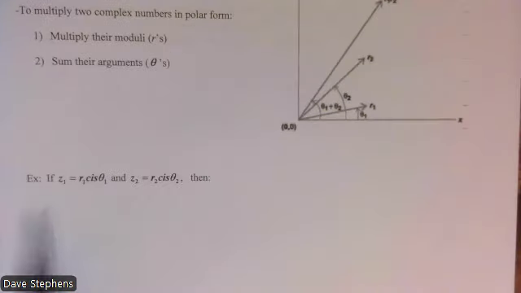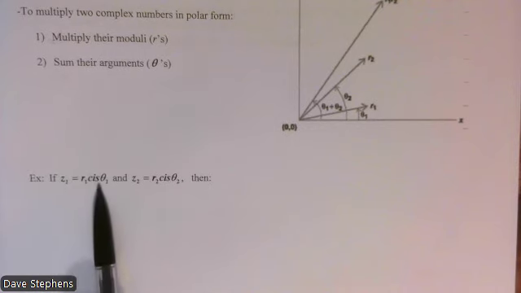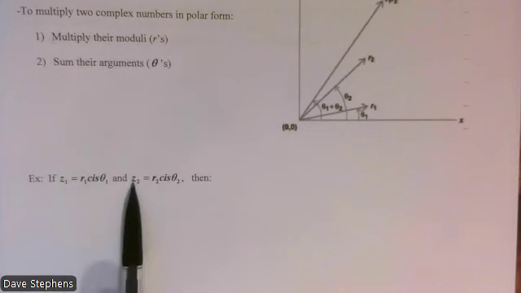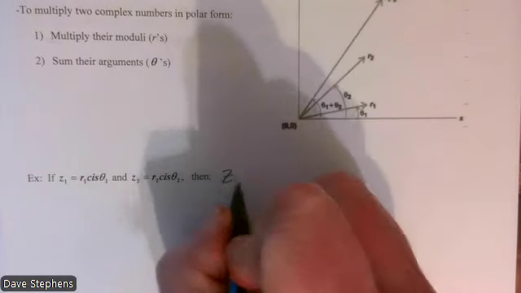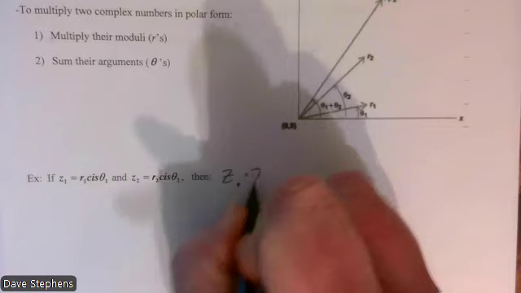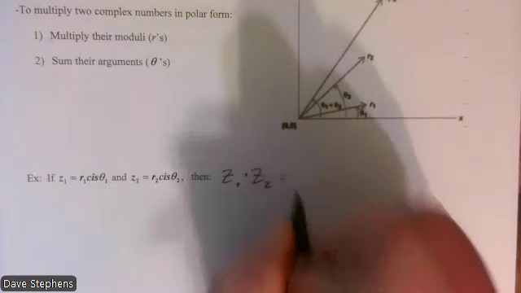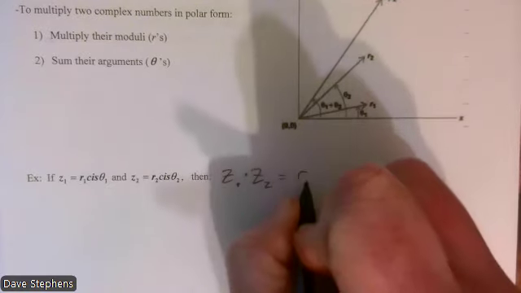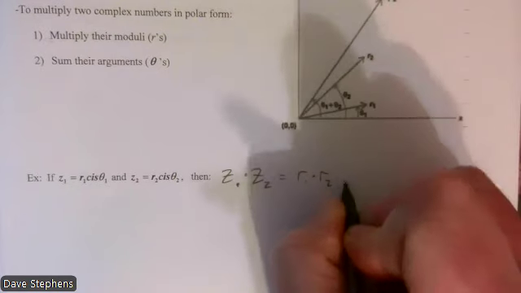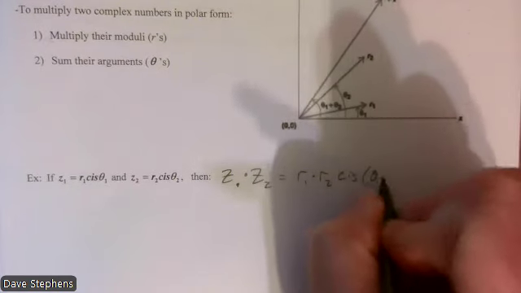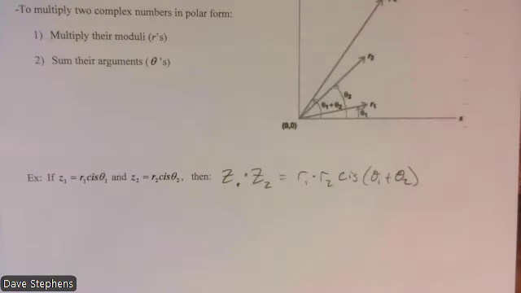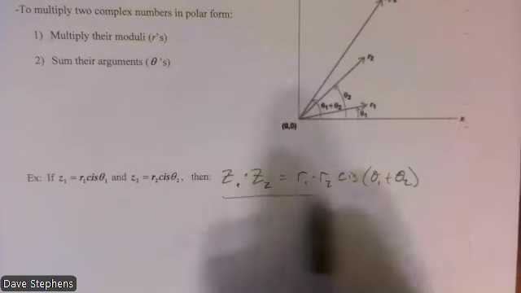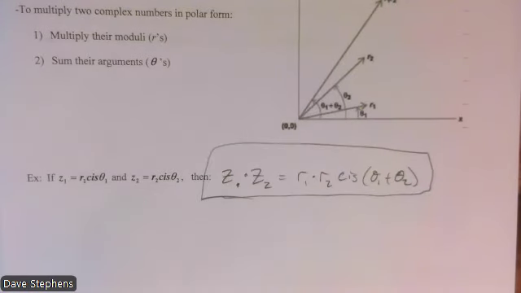So if z1 is equal to r1 cis theta 1, and z2 is r2 cis theta 2, then z1 times z2 is equal to r1 times r2 cis theta 1 plus theta 2. That's the part we want to take a look at.